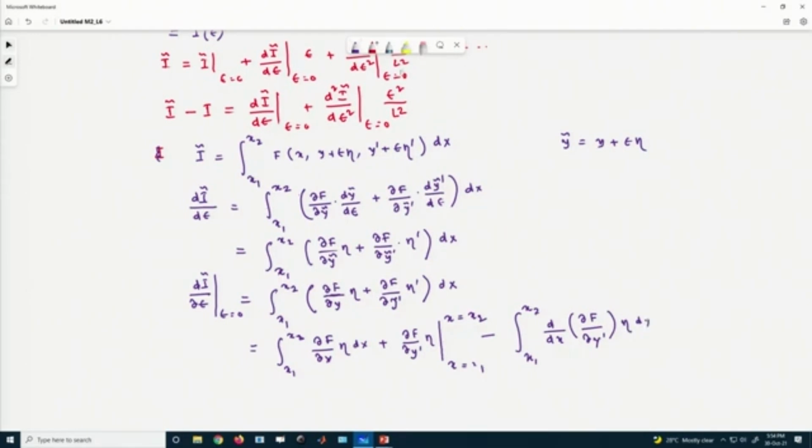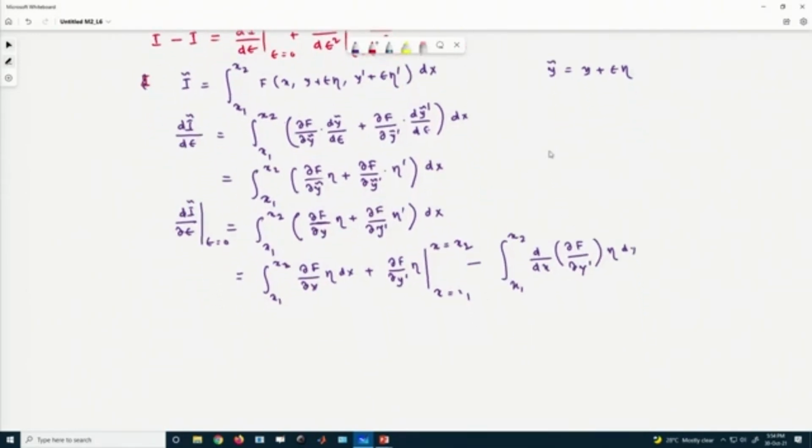So if you look carefully, this eta x we know at x1 and x2 is 0 essentially, for the problem that we discussed, the Brachistochrone problem. This is why I wanted to discuss the Brachistochrone problem, because this is very simple to understand.